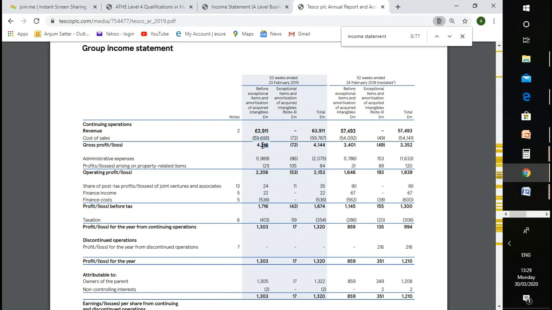Then the cost of the goods we sold, and that gives our gross profit. Then we have operating profit, where we subtract other expenses. Then we subtract the interest cost, then the tax which we paid. Then the final figure is 1,303.